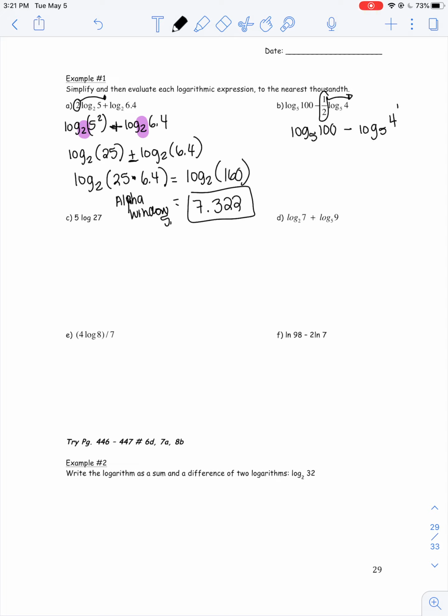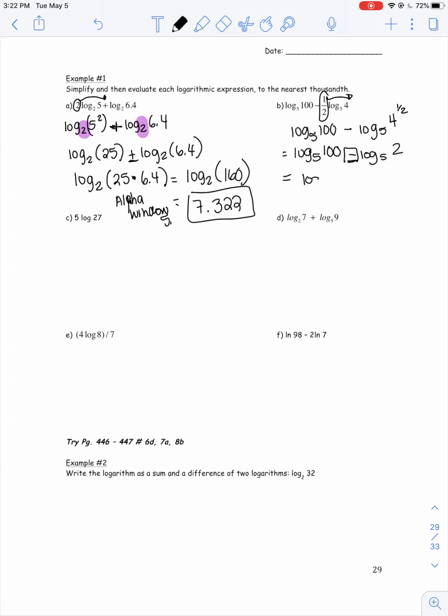Our next one, log base 5 of 100, we're going to bring that 1/2 up, so it's going to be 5 and then 4 to the power of 1/2. 4 to the power of 1/2 is just like square rooting a value, so the square root of 4 is 2.